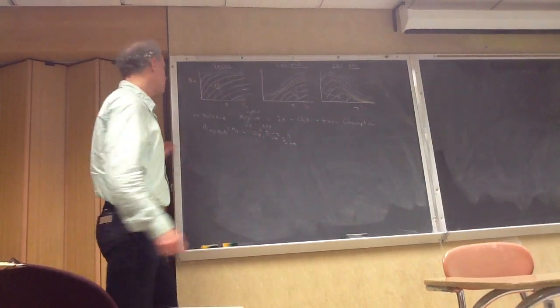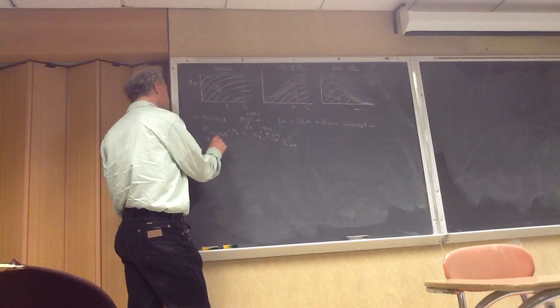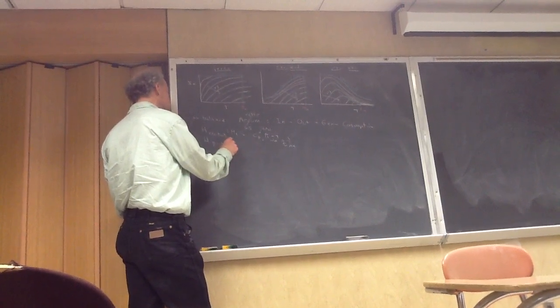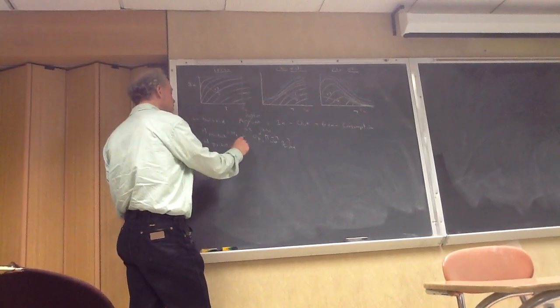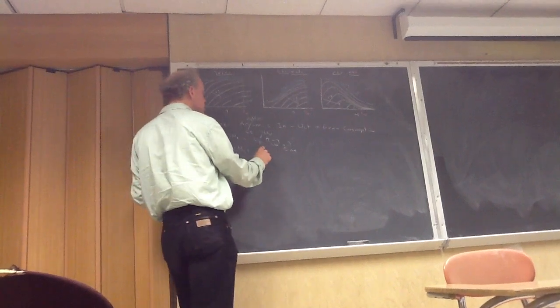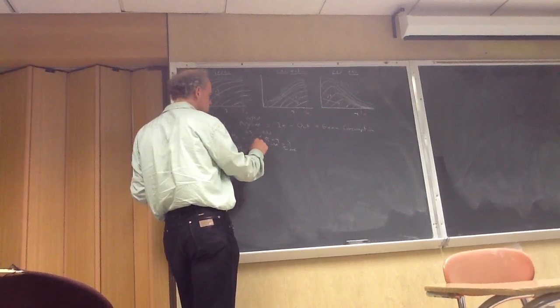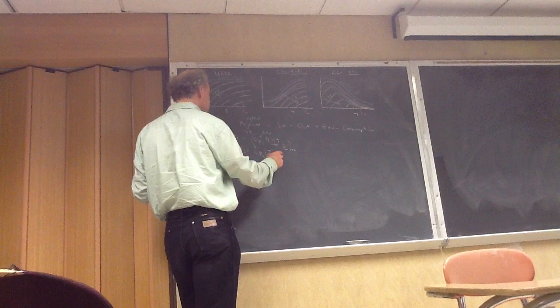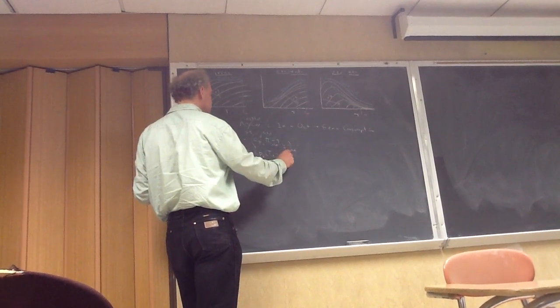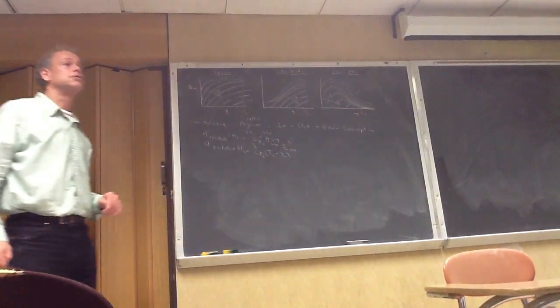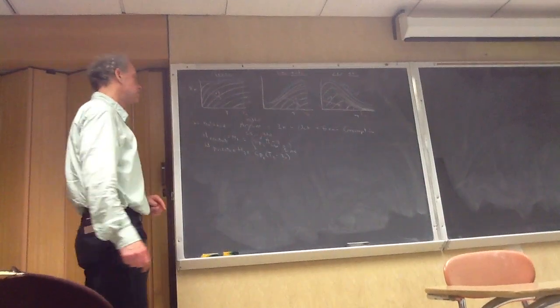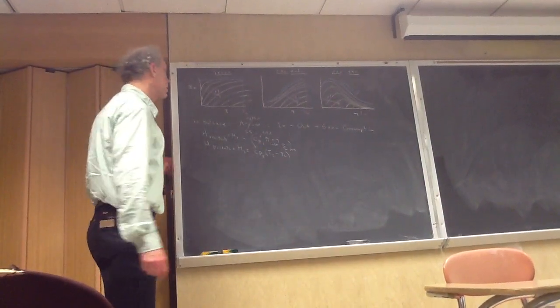Usually I would have an M here. H of the products would be H2, and that's going to be a CP2, again total, times T2 minus T0. And the consumption.